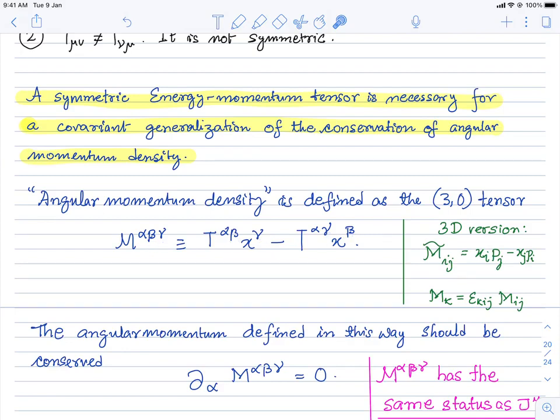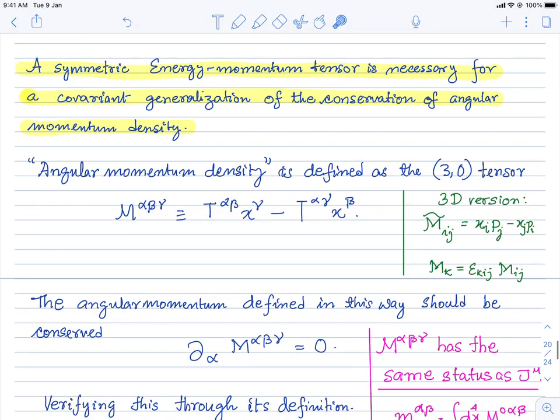This is some version of, when I define angular momentum in the 3D version, x_i and x_j, I wrote down x_i p_j minus x_j p_i, and then contracted this object with an epsilon to get the angular momentum. This is what we did for particles in 3 dimensions.